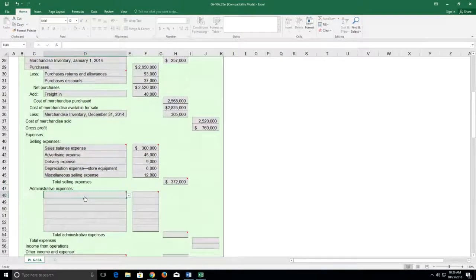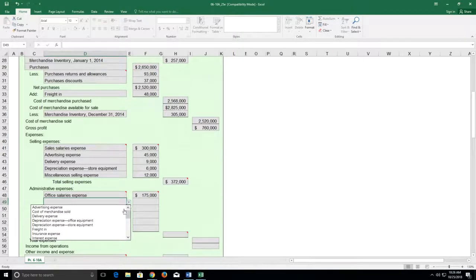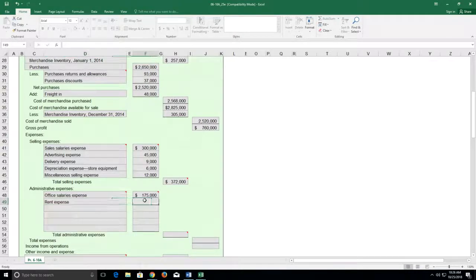And then we move right along to administrative expenses. So we had office salaries expense in the amount of 175,000. Then we had rent expense in the amount of 28,000.